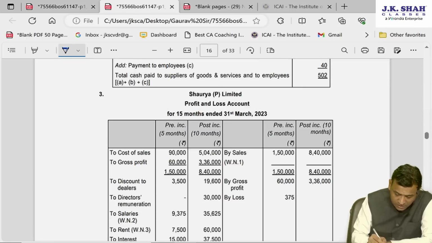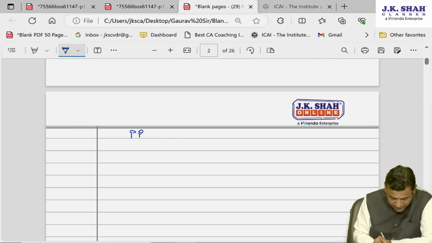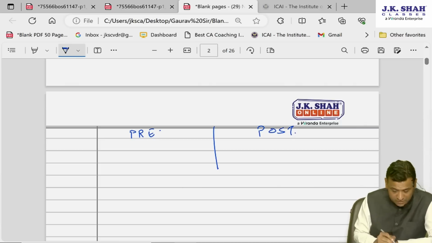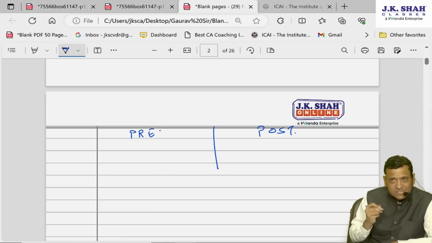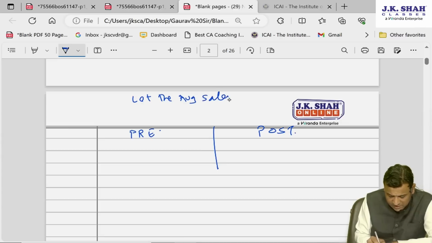It means if I look at my pre-period and post-period sales, in the pre-period, January to May, it is average. Let the average sales be X. So here it will be 5X because 5 months are there in the pre-period.